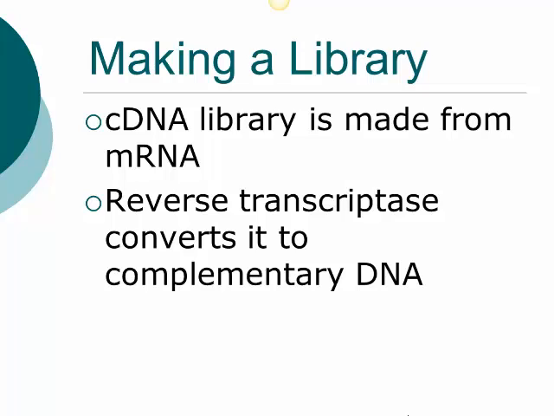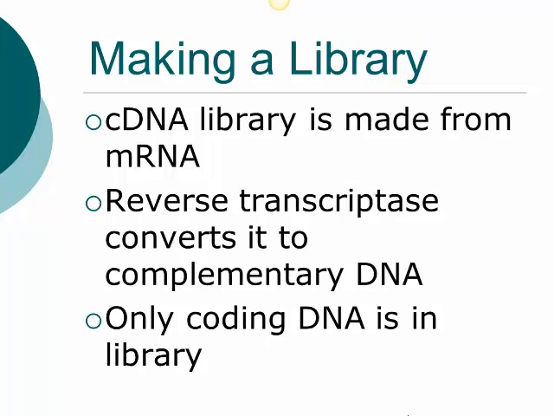And then I use that reverse transcriptase. And I know we talked about reverse transcriptase with HIV, the retrovirus. And that enzyme will convert my messenger RNA back to the complementary DNA. And then only the coding DNA is in my library. So I've narrowed it down to just stuff that's actually being transcribed and translated in those given cells.